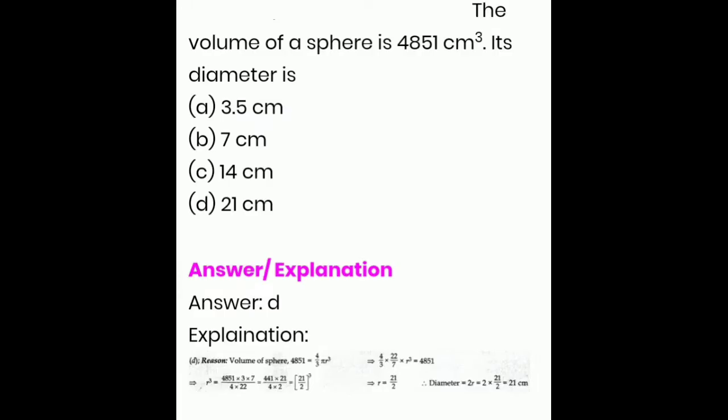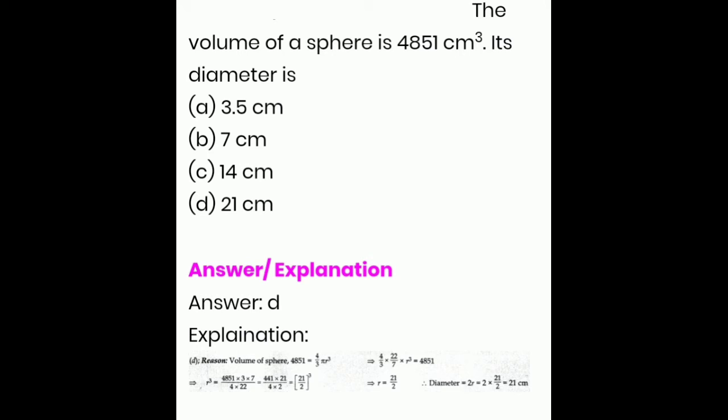Next, we have the volume of a sphere is 4851 centimeter cube. Its diameter is. So for the volume of the sphere, we know the formula 4 by 3 pi r cube. By using the value, we can first find the r cube value.